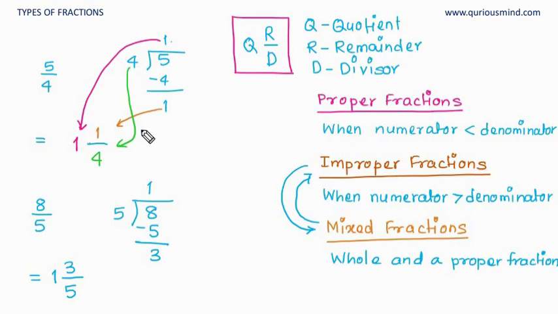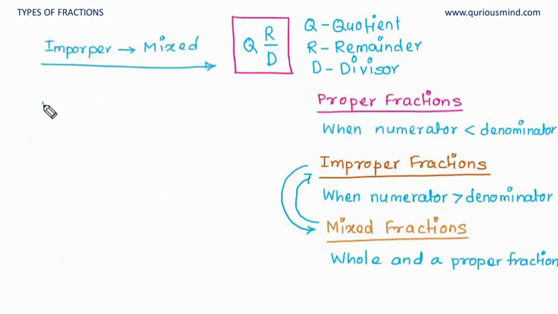Let's now talk about converting a mixed fraction to an improper fraction. So if I have a mixed fraction as 1 whole 1 upon 4, how does it get converted into improper? Here what we do is we start from the denominator and we travel clockwise. Start from the denominator and travel clockwise. First we do multiplication, and then we do addition.